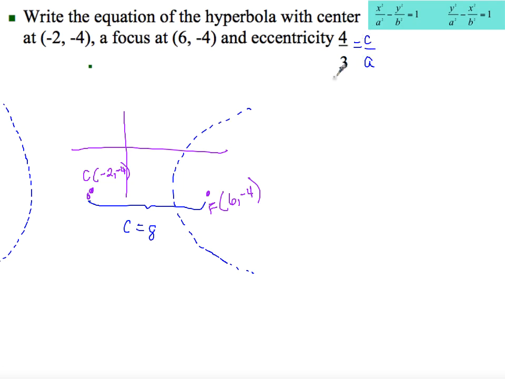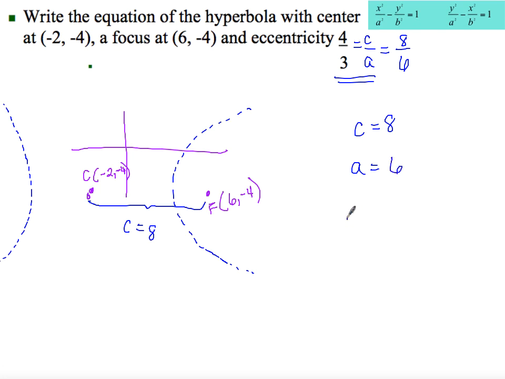So the one thing I want to point out using this equation is that this eccentricity could have been a simplified value. The same thing happens if they tell you the slope with the a over b or the b over a. It could be a simplified fraction. So if c is actually equal to 8, that means the a value is going to be equal to 6. So now I know that c is 8, and that a is 6.